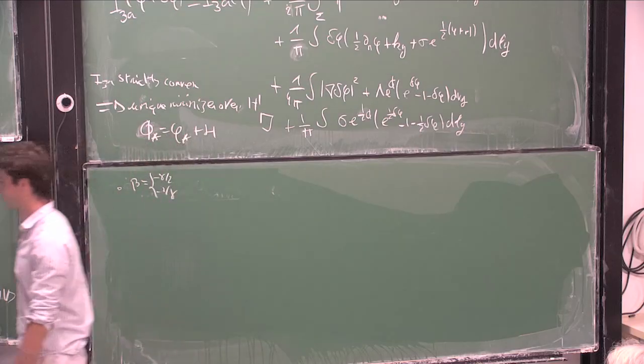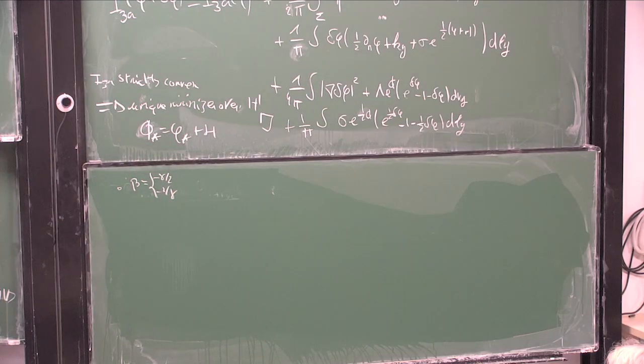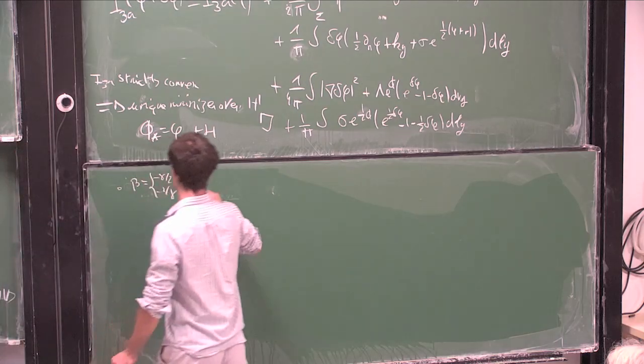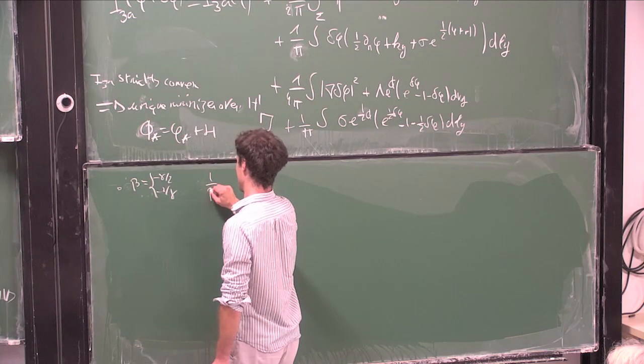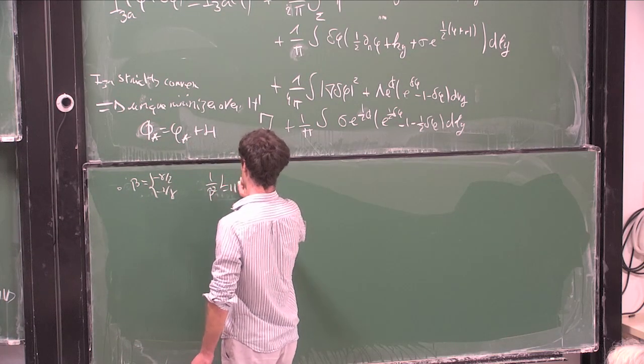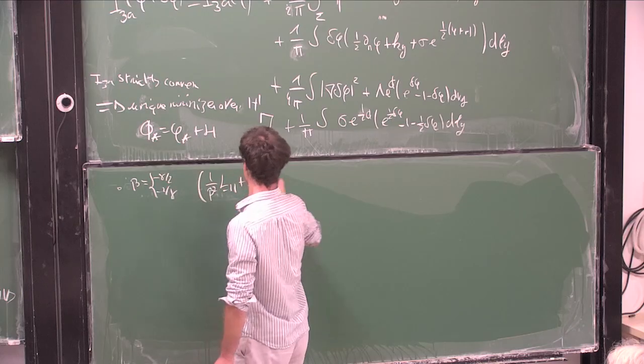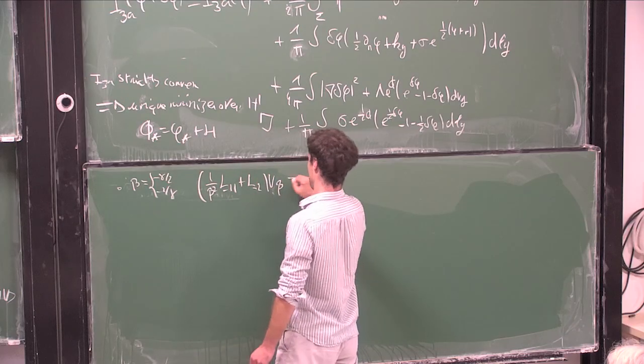This is like a stupid computation. You can find a linear combination that annihilates both. So 1 over β squared L-1 squared plus L-2, applied to e^{βφ}, is equal to 0.